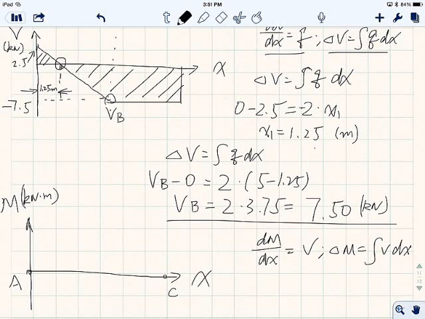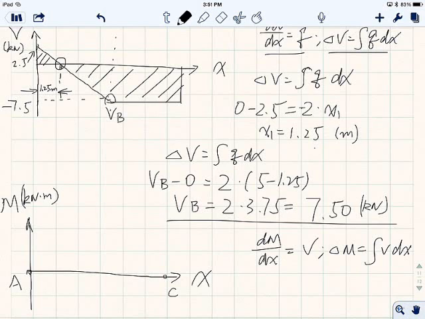This time we need to use the shear diagram to solve for the moment. First of all, dM over dx equals V. That tells you initially dM over dx is positive, because your shear diagram starts from the origin at 2.5, then slowly decreases to 0.